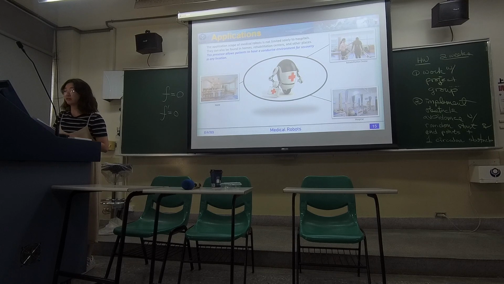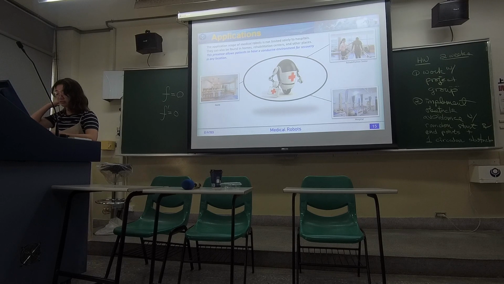Now I want to introduce applications. Besides providing supplies in hospitals, medical robots can also be found in homes and rehabilitation centers. These robots serve different functions in each environment, ensuring that patients receive proper care in various settings.